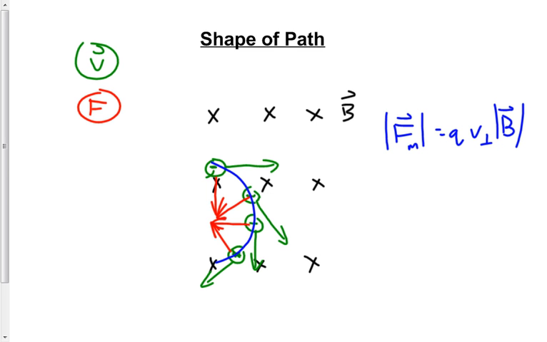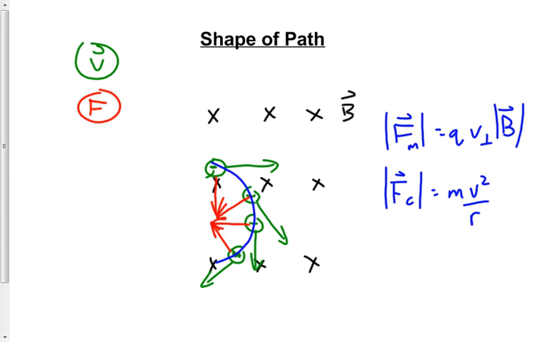But because the particle is going in a circle with the force always toward the center, we can now also describe its motion by... What kind of force is it that causes an object to go in a circle? It's called centripetal force. Fc is equal to mv squared over r.